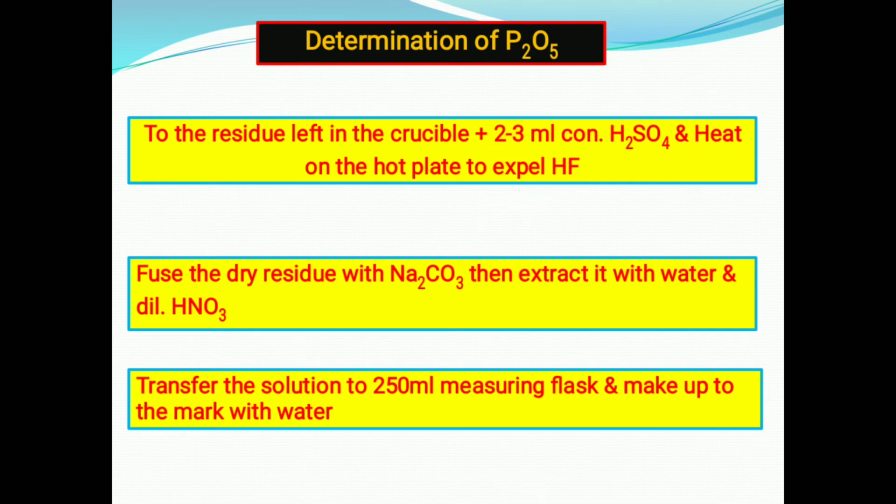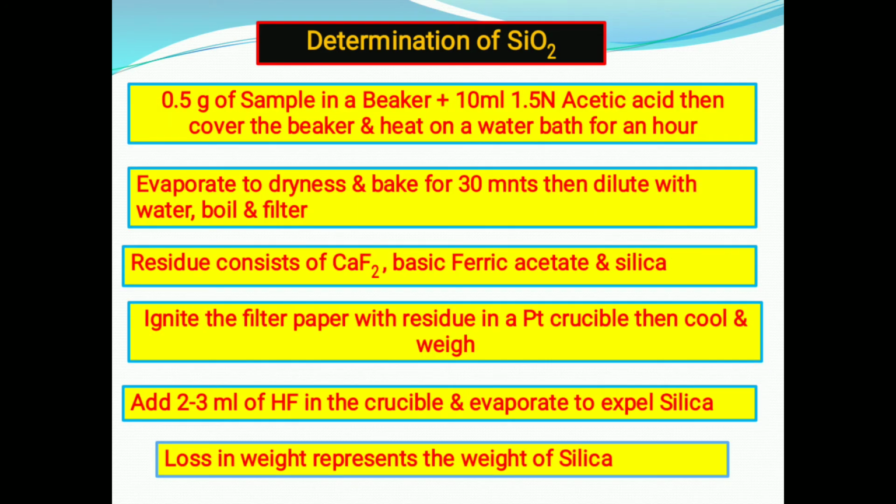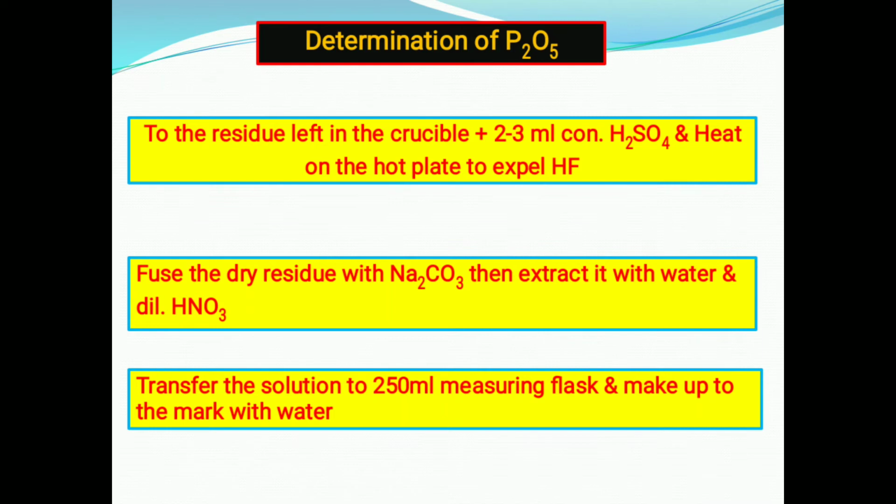Because we already added HF here. So to expel HF, we need to heat it on the hot plate. After that, fuse the dry residue with sodium carbonate. You need to use the fusion technique. Fusion mixture is sodium carbonate.